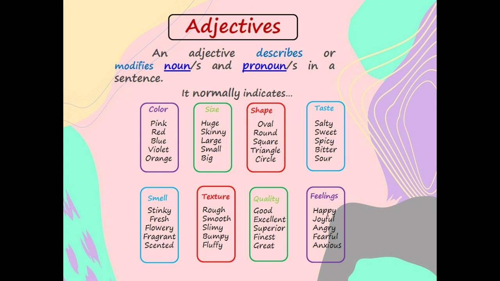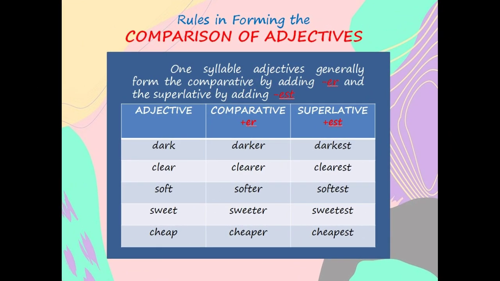In order for us to be able to use this, let us first learn the rules in forming the comparison of adjectives. Rule number 1. One-syllable adjectives generally form the comparative by adding ER and the superlative by adding EST.